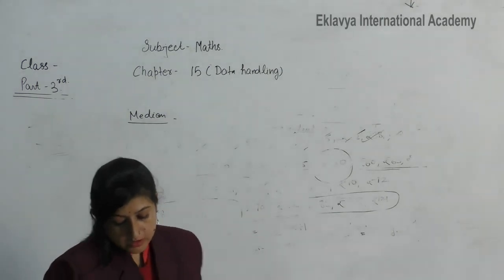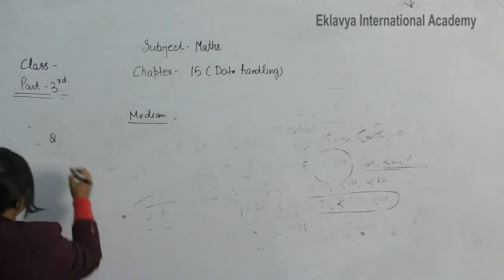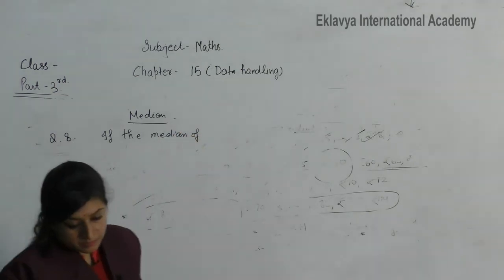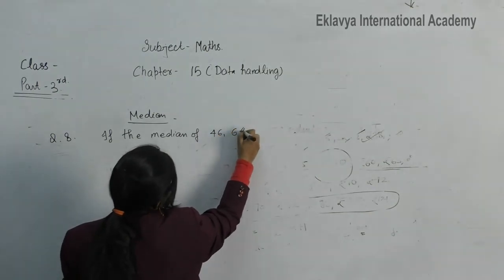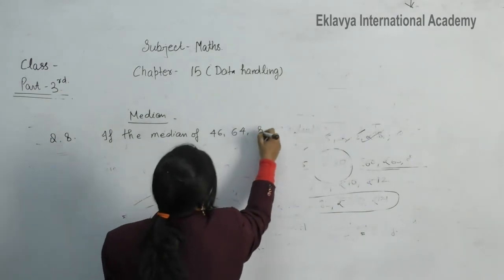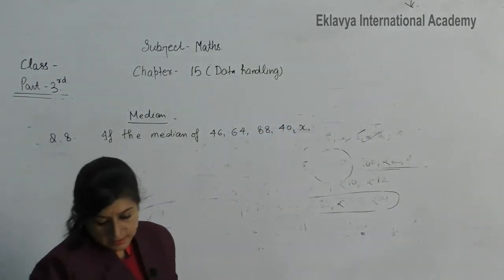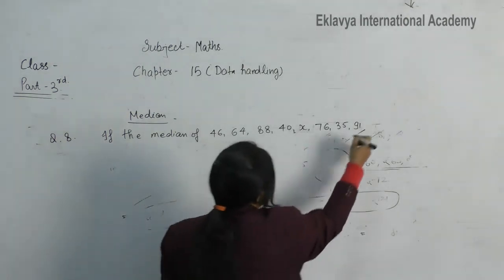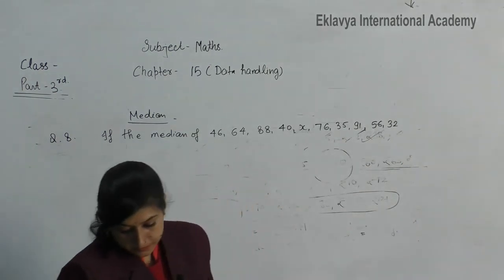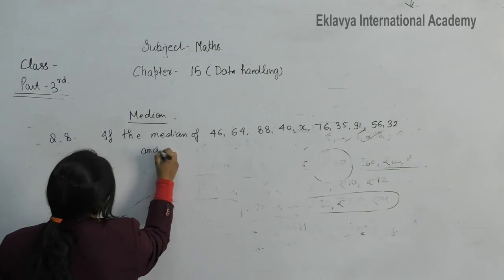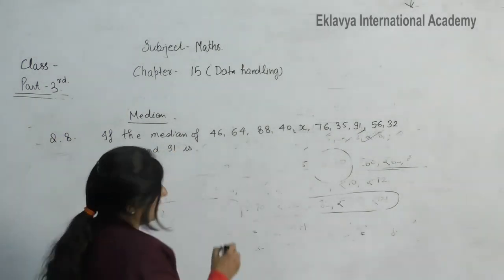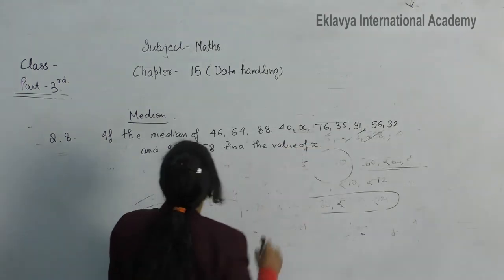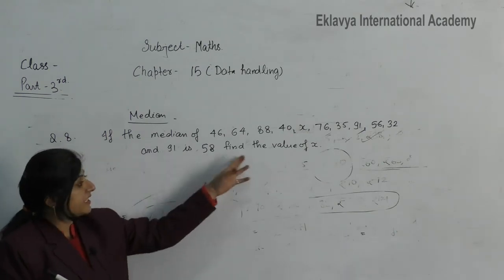If the median of question number 8 of your exercise, the median of 46, 64, 88, 40, X, 76, 35, 91, 56, 32 and 91 is 58, find the value of X. It is given to you that the median of these given data is 58, then find the value of X.